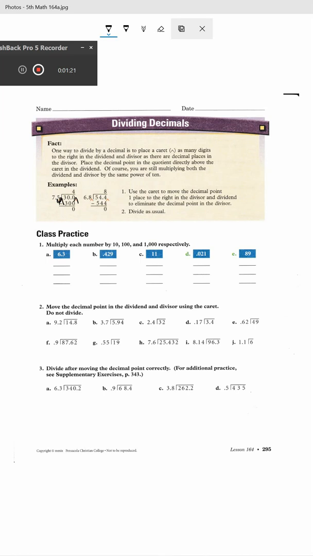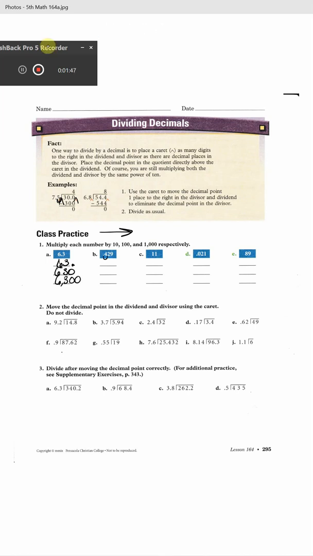All right. First of all, we're going to multiply all these numbers by 10, 100, and 1,000. This is a little bit of review. So when we multiply we go this way, we're making our number bigger. All right. So times 10 would be 63. And now the decimal's at the end, right? So at this point we add zeros. Times 100, times 1,000.